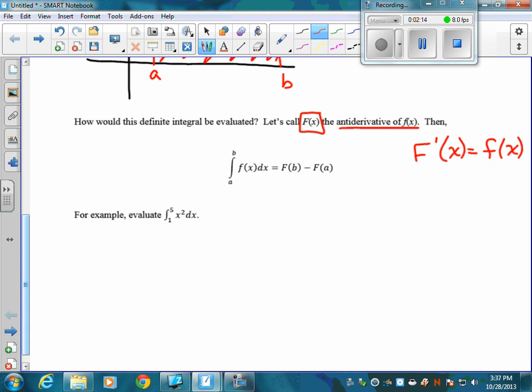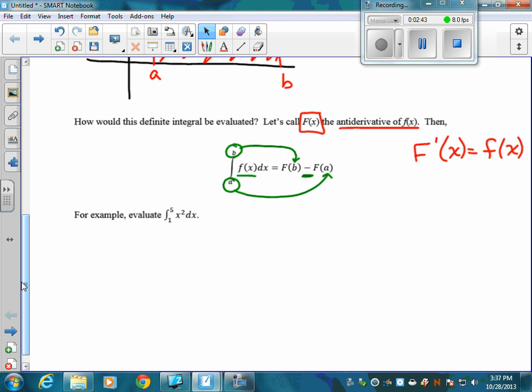So what I'm going to do is find the antiderivative of little f, which is my capital F. Then I'm going to plug in the upper bound as x into my function, and then plug in the lower bound as x into my function. And then I'm going to subtract these two numbers. So let's go ahead and do this example.